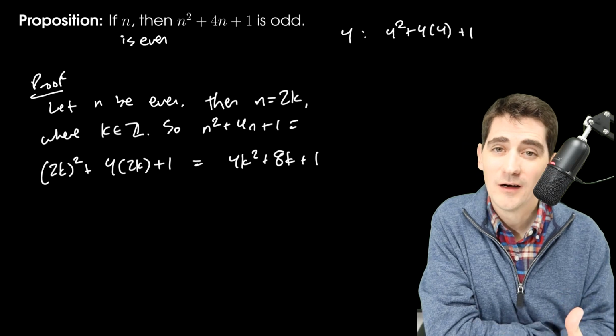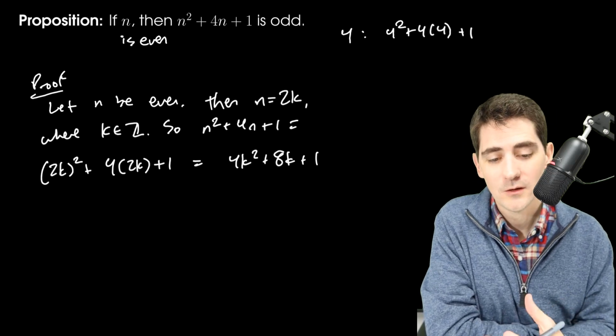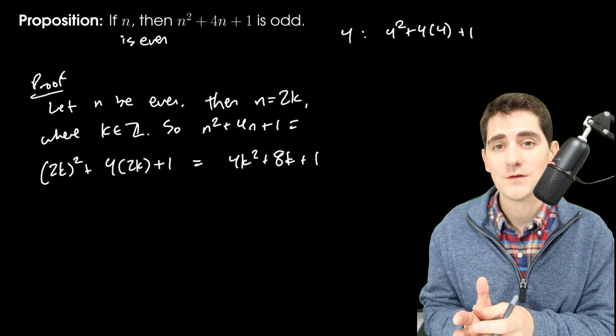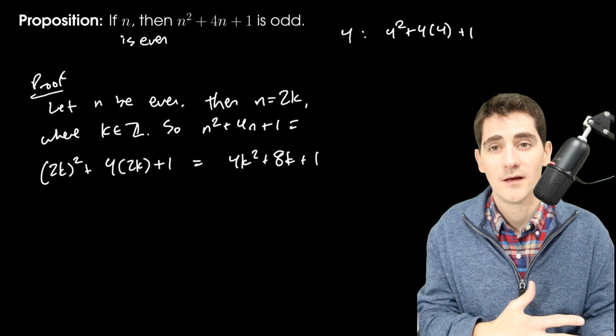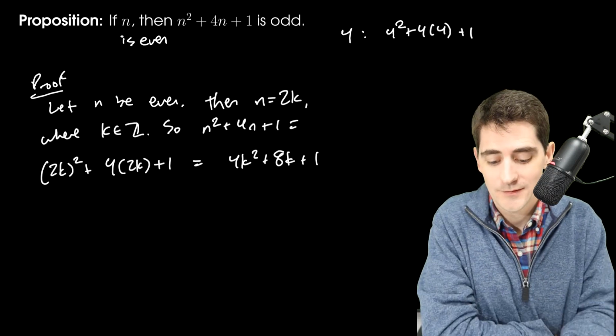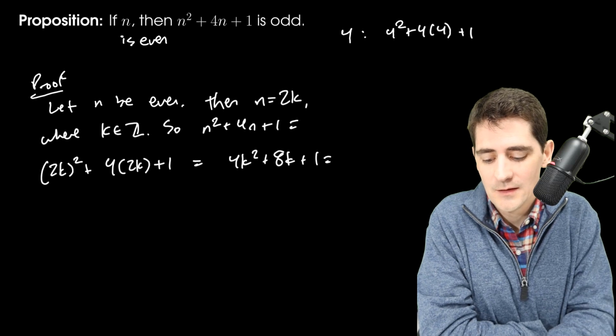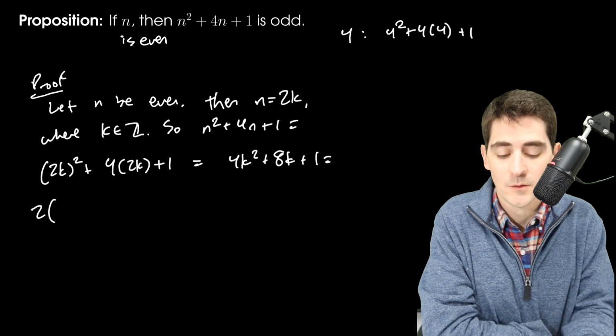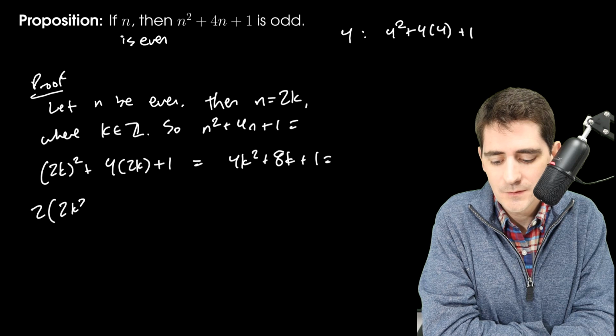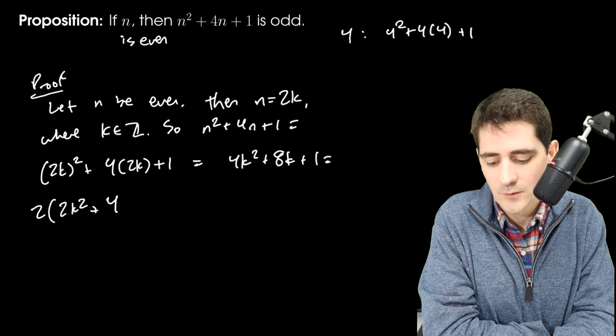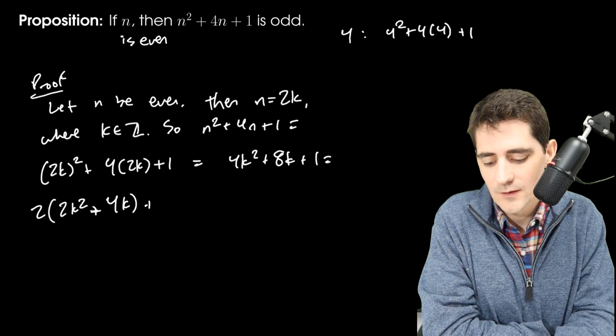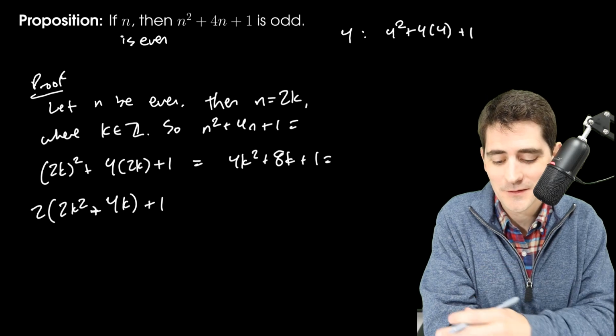Now, is that an odd number? The only way I know if it's odd or not is if I can write it as 2 times an integer plus 1. Can I do that here? Yes, I can, because I can take out a 2 out of my first two terms. And so I have 2 times (2k squared plus 4k), and then let's let the plus 1 stay on the outside of this factoring.